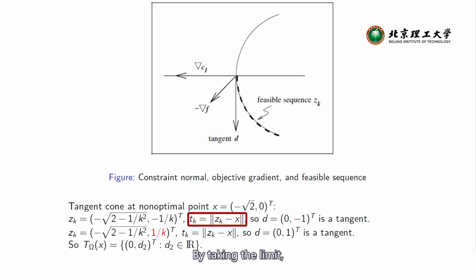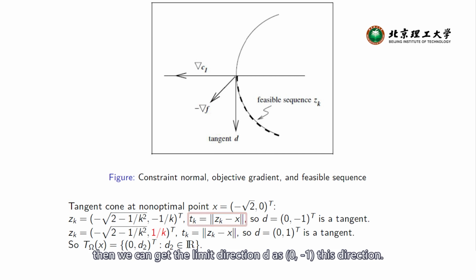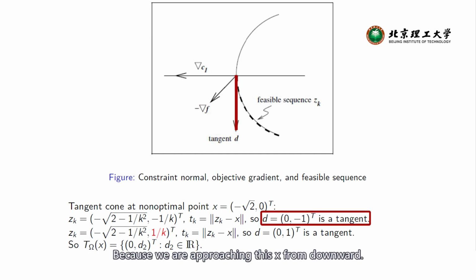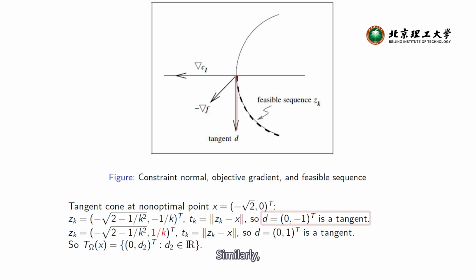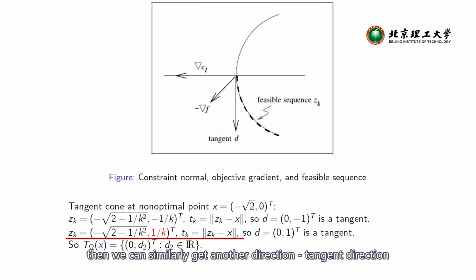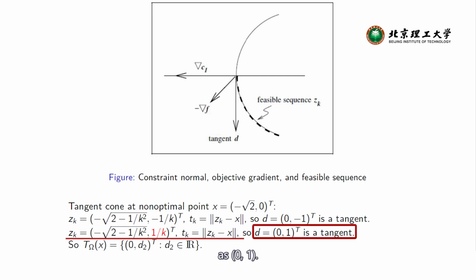By taking the limit, we get the limit direction d as (0, -1), because we are approaching x from downward. Similarly, if we approach x from upward, we get another tangent direction, (0, 1).